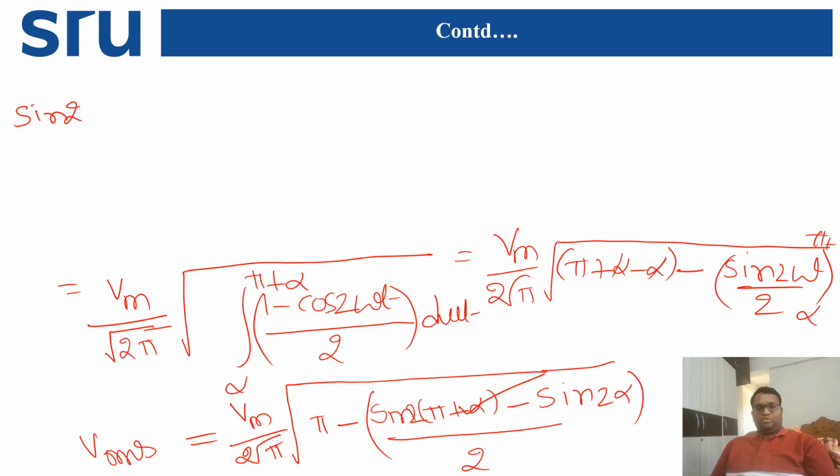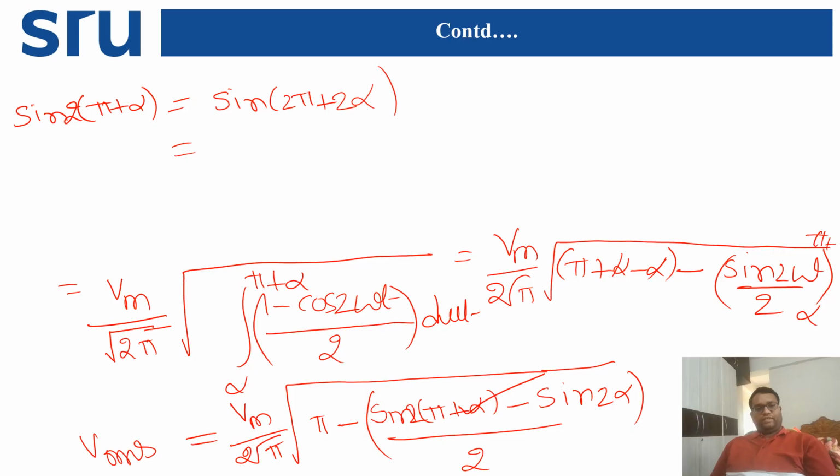Sine 2 pi plus alpha. How can we write this? Sine of 2 pi plus 2 alpha, like that we can write. Then write down sine a plus b.